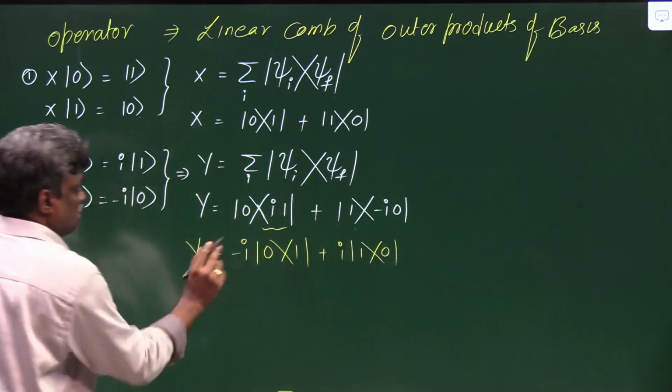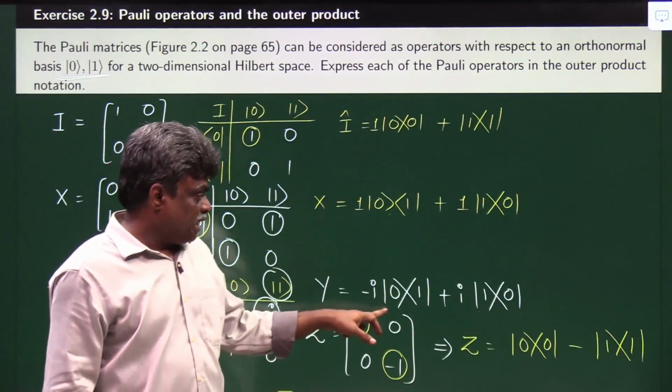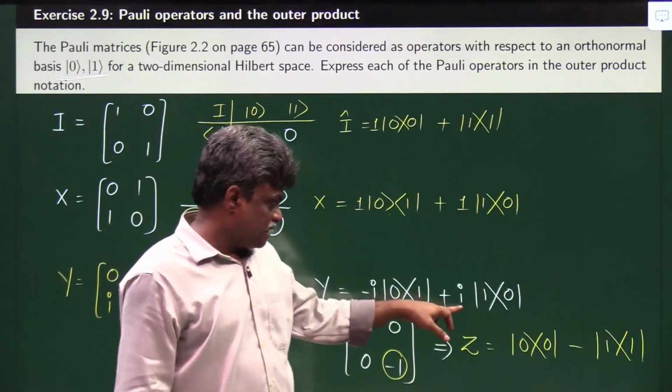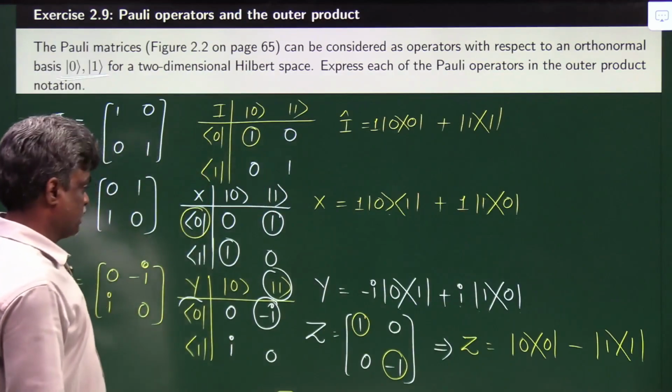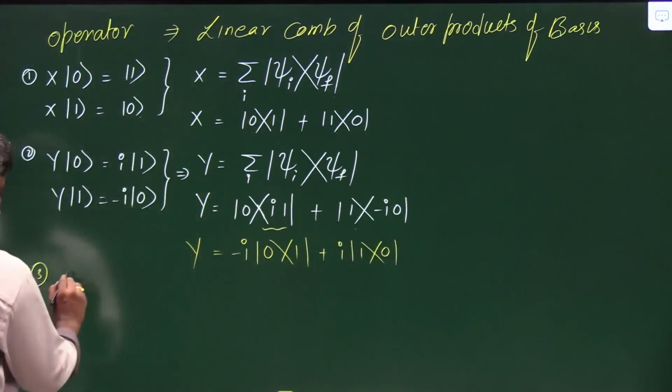So let us compare this with the earlier one. Minus iota 0 1 outer product plus iota 1 0 outer product. Yeah, same thing. And the third one, I request you please try.